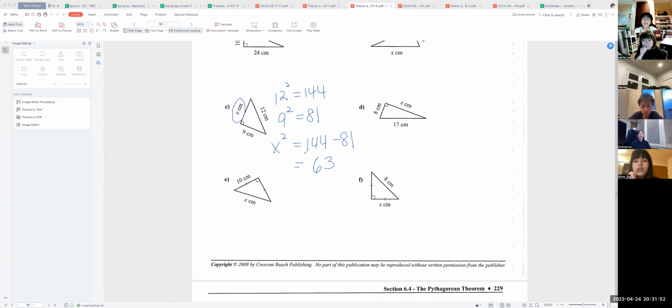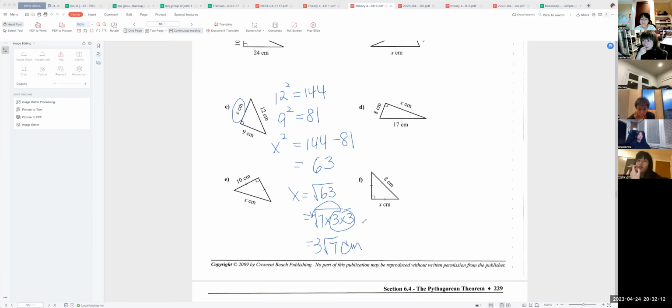Am I right? Yes. Okay, so x equals what? Square root 63. Because 63 equals 7 times 3 times 3, right? So the same thing comes out, so it equals 3 square root 7 centimeters.